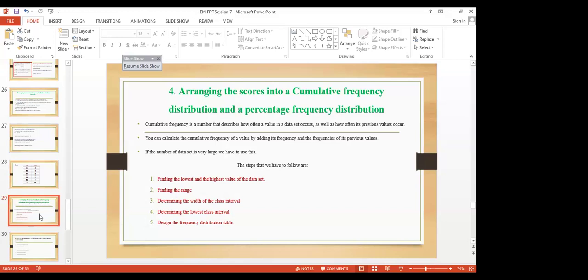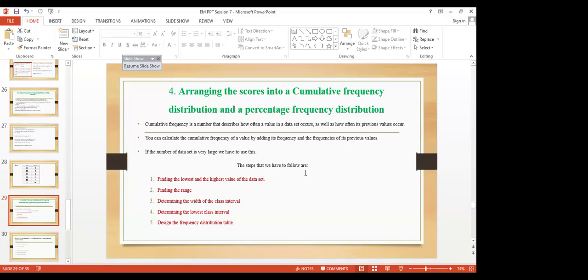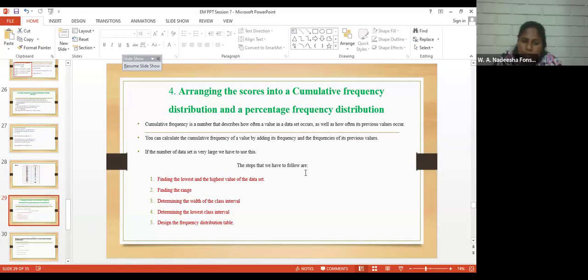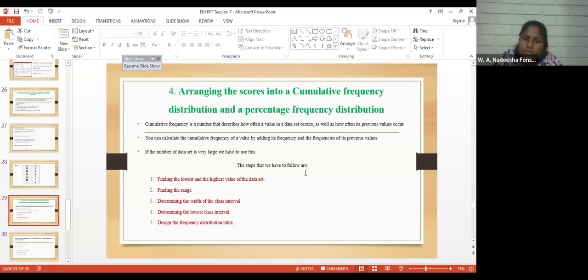The steps are: we have to find the lowest and the highest value of the data set. Then find the range. Then determine the width of the class interval. Determine the lowest class interval. Then design the frequency distribution table.